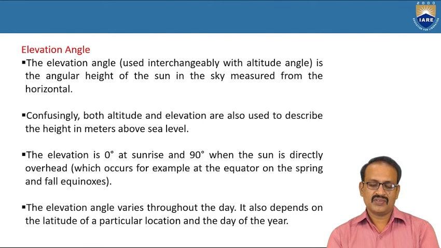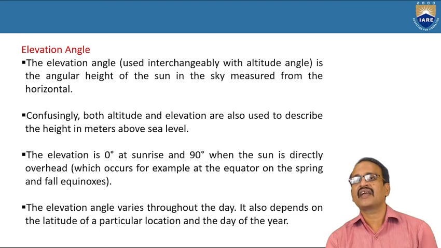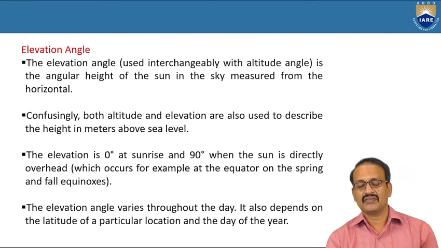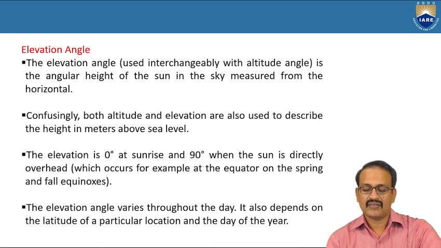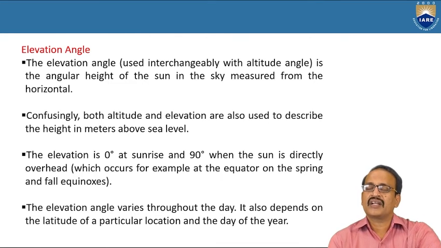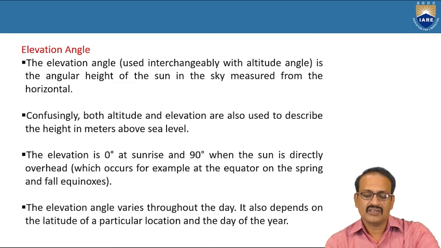Both altitude and elevation are also used to describe the height in meters above sea level. The elevation is 0 at sunrise and 90 when the sun is directly overhead. When it is overhead, it is exactly 90. If it is 90, you are getting very good energy. And at 180, again it is equal to 0.